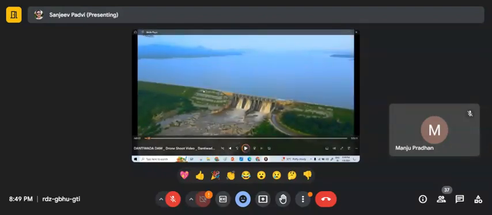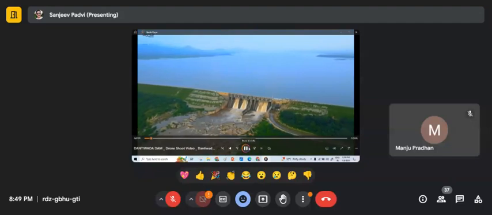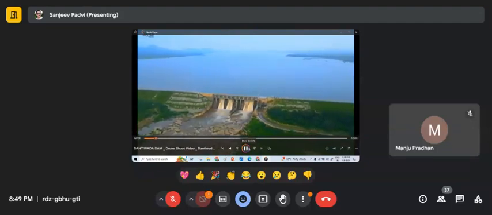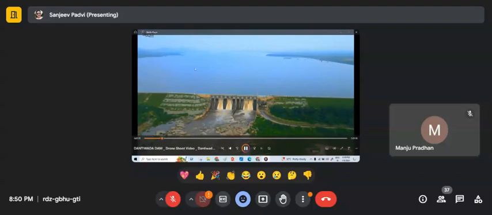Do you notice the dam wall? Yes. Do you notice the actual canal here? See this. And do you notice this sluice here? See this. See, such a huge dam.